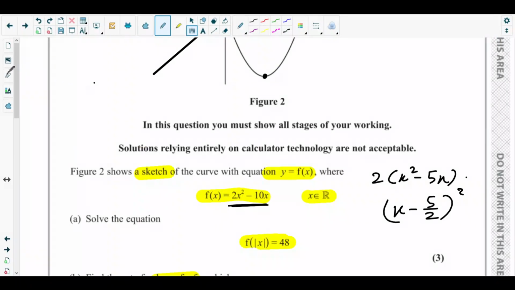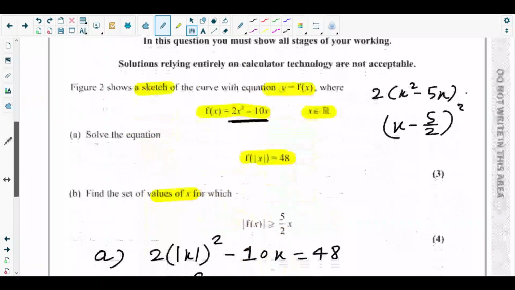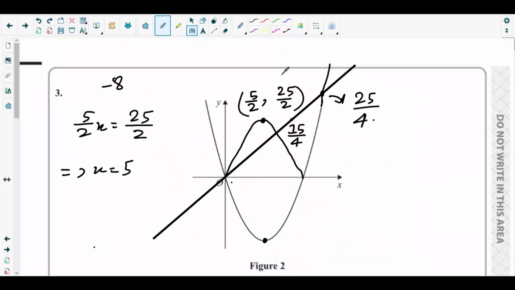Now see the sketch. This is one point at the origin. This point is 15/4, the smaller one, and the greater one is basically for this intersection, 25/4. Now see the inequality. The inequality wanted the x values such that the modulus curve will remain above the straight line. So which part of the modulus curve is above the straight line?